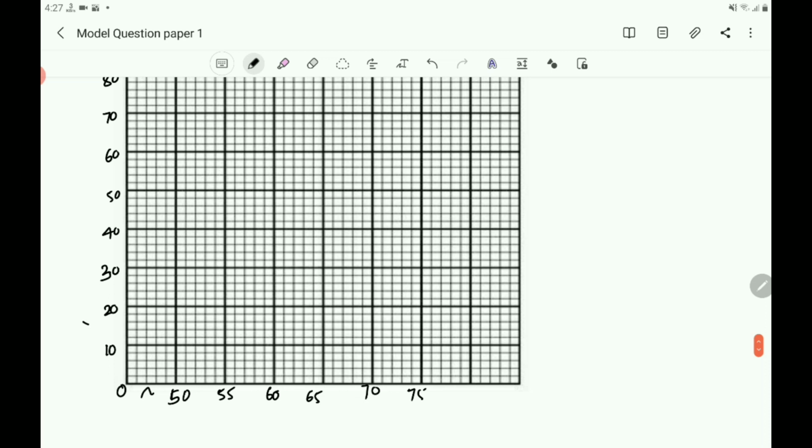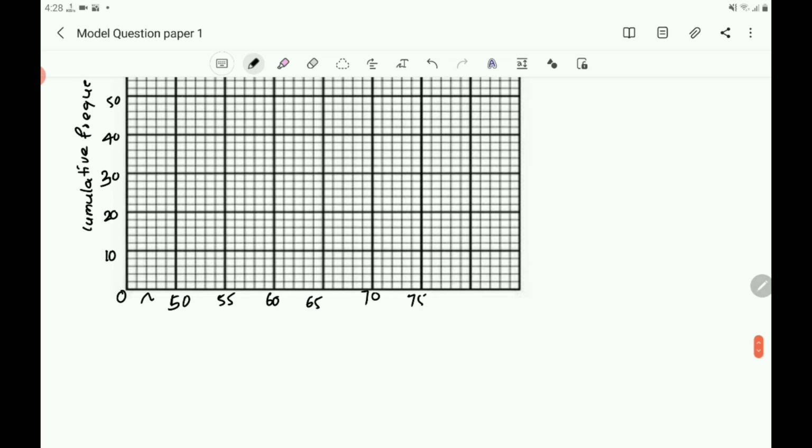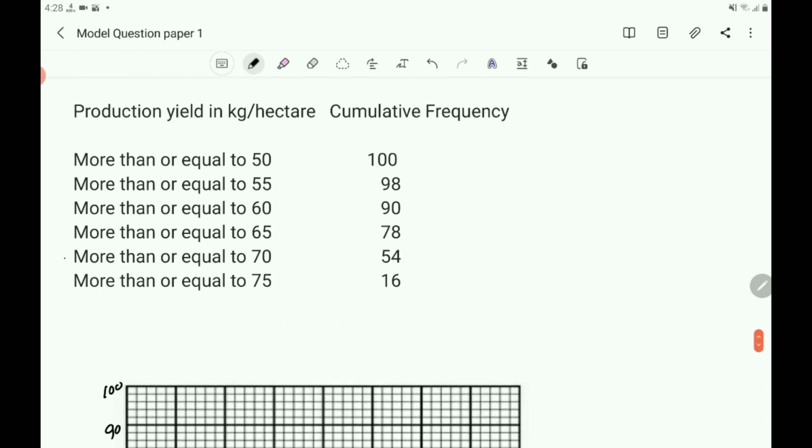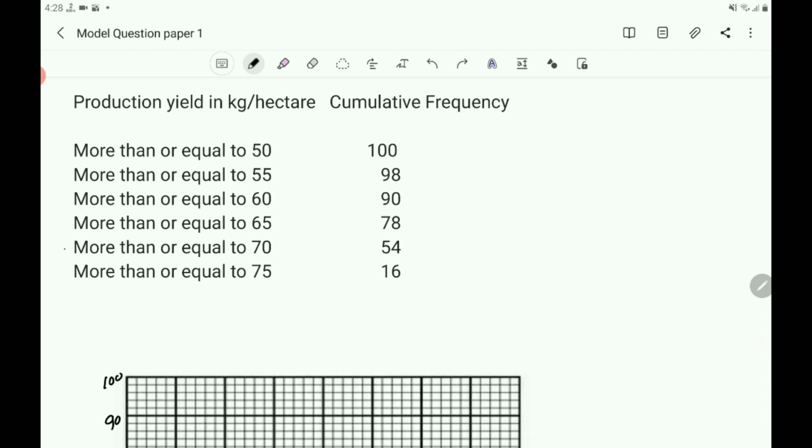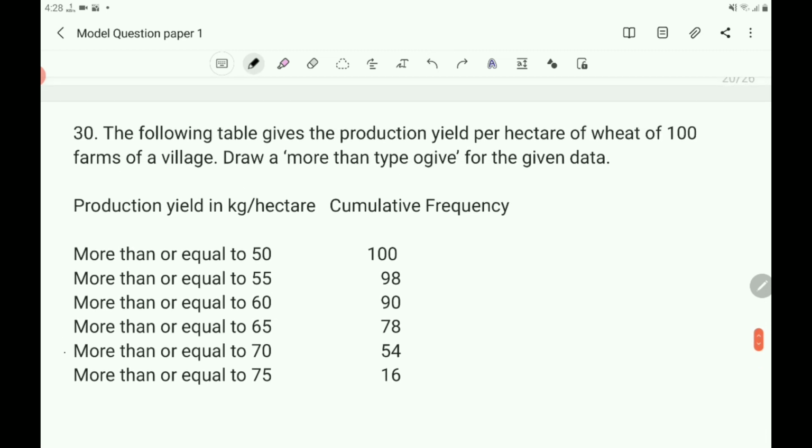And this is the cumulative frequency, and it is the lower limit of the class. Lower limit of the class interval of the production of what?